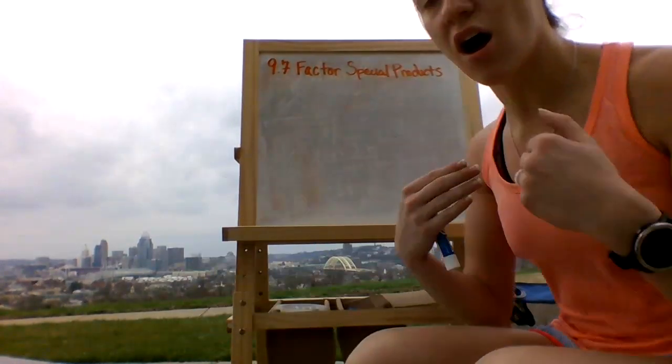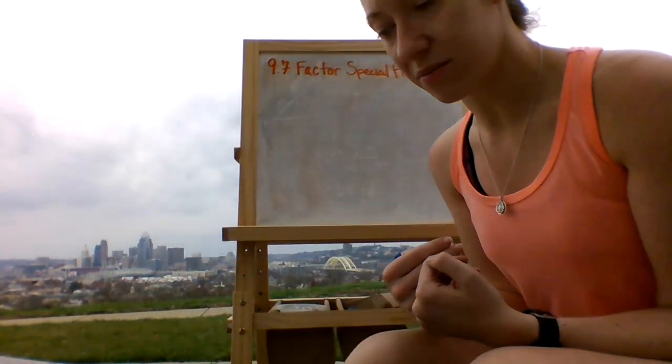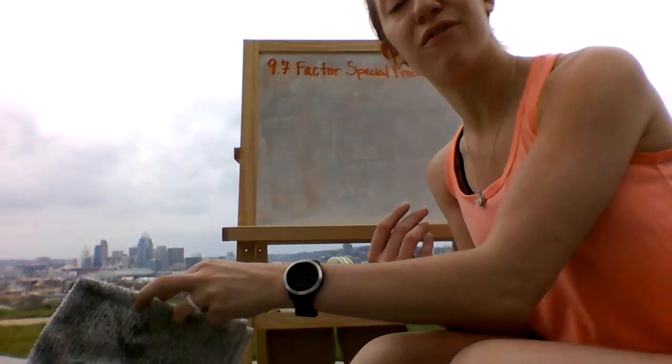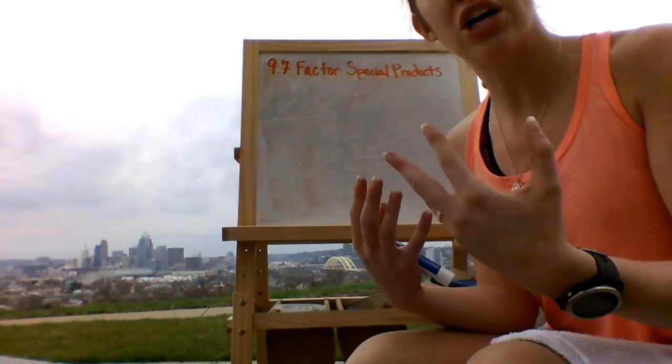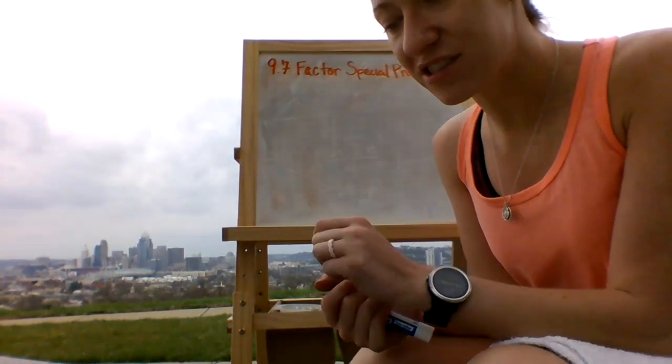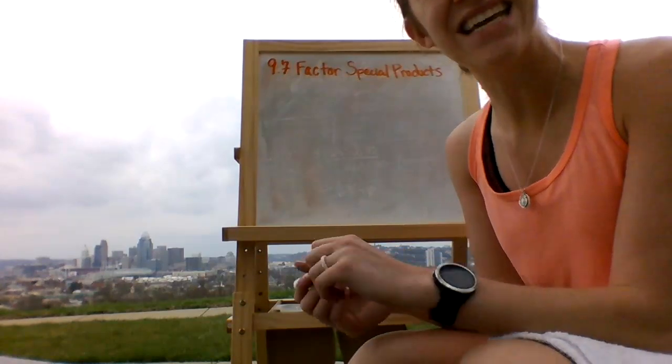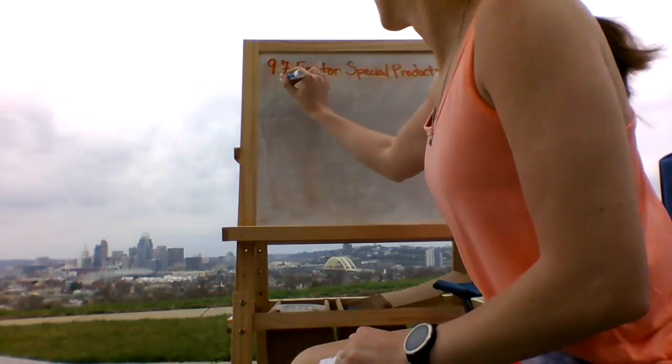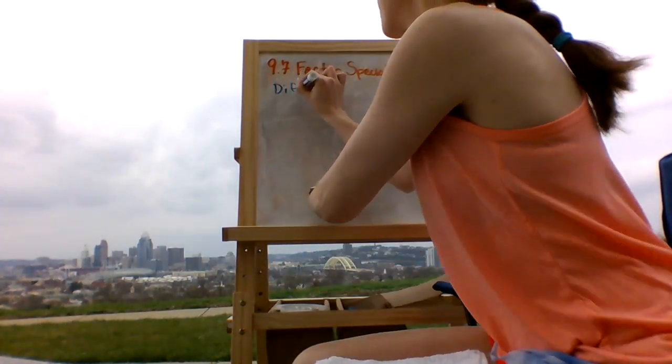So now we are unfoiling, we are undistributing, and we're doing the factoring process in order to undo what we've just done in the previous couple of sections. So the first key concept that we're going to look at is the difference of squares.